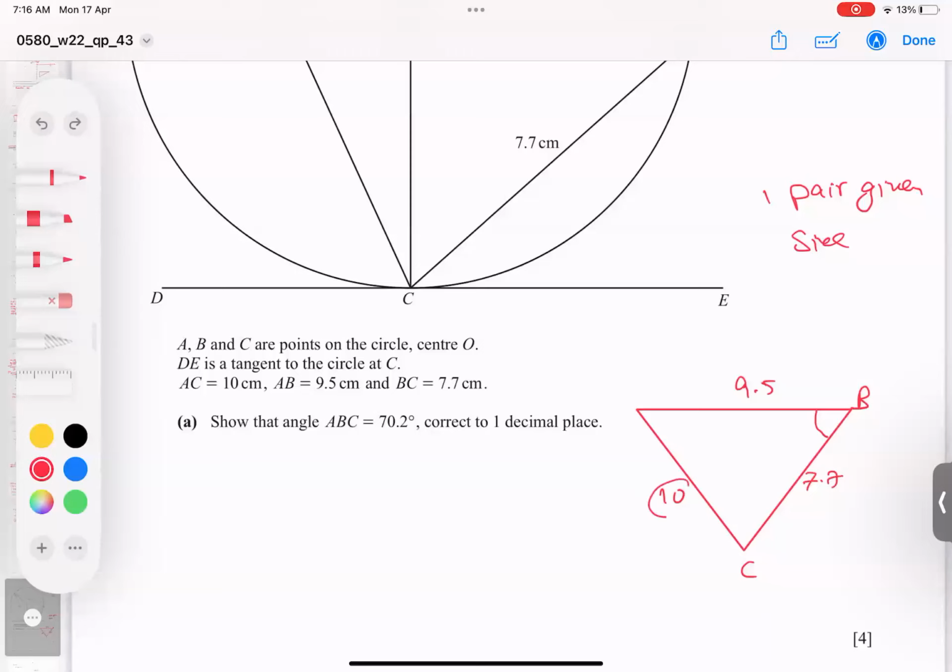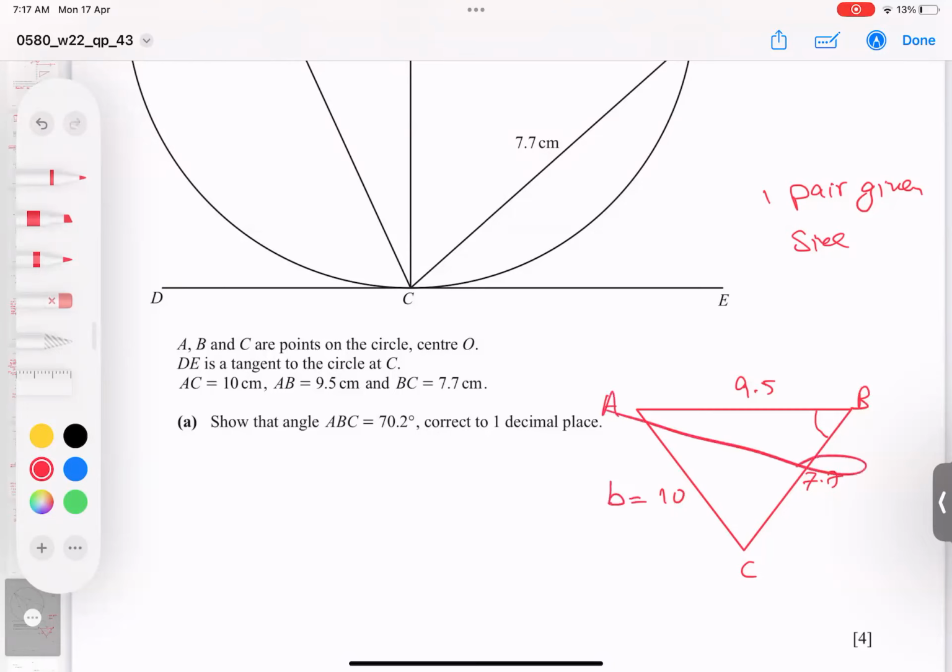Here, side given, angle not given, side given, angle not given, side given, angle not given. So not a single pair given. Pair given, sine rule, pair not given, cosine rule. But how to find it? We have two techniques, one a long formula or one angle formula. What is the technique to use the angle formula? If you recall, in front of P, this is called small p.